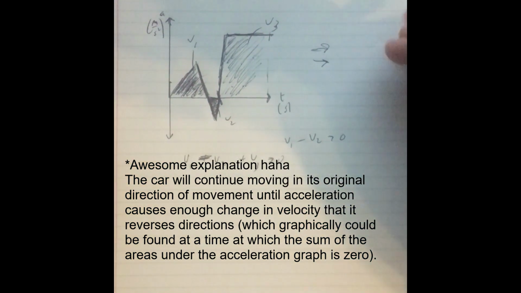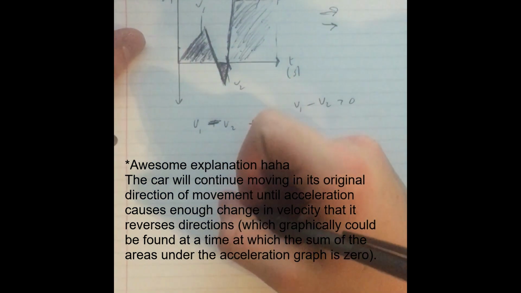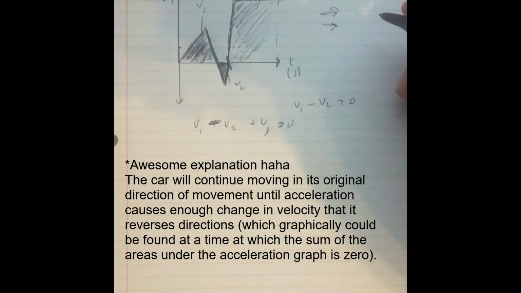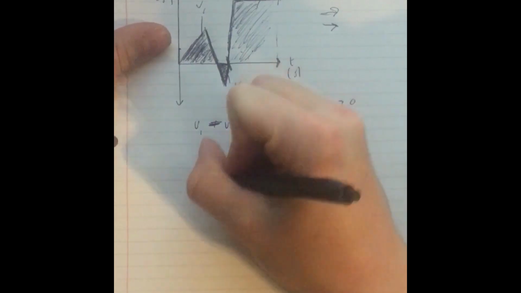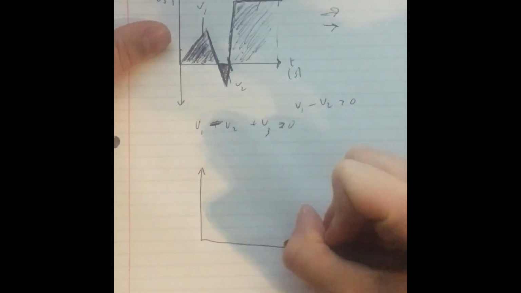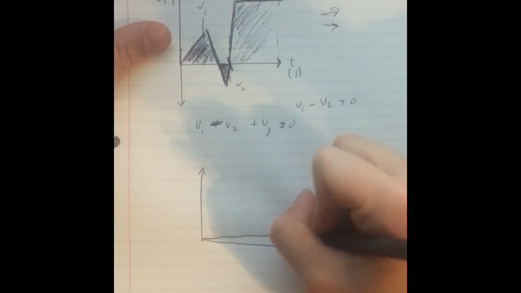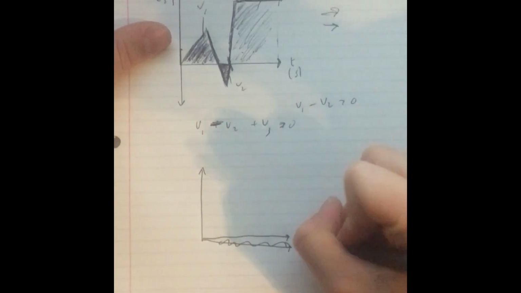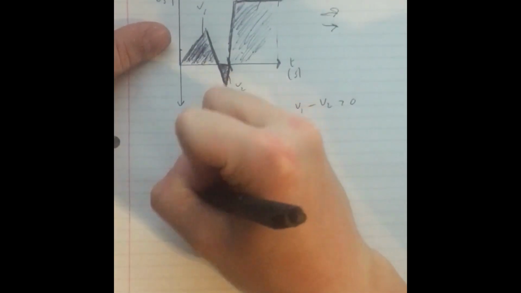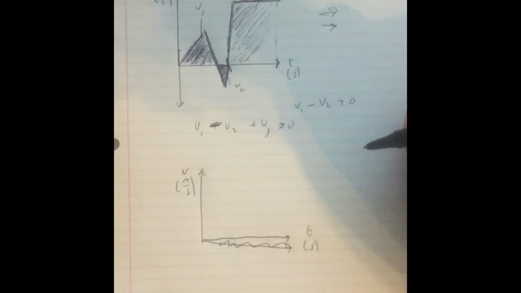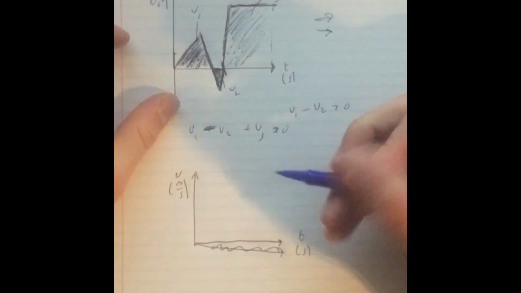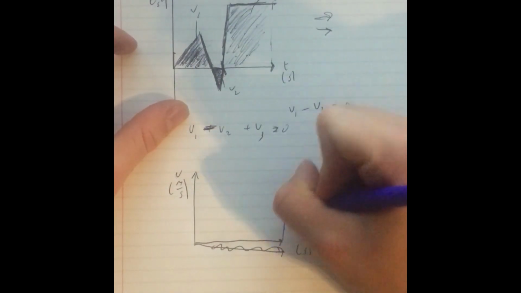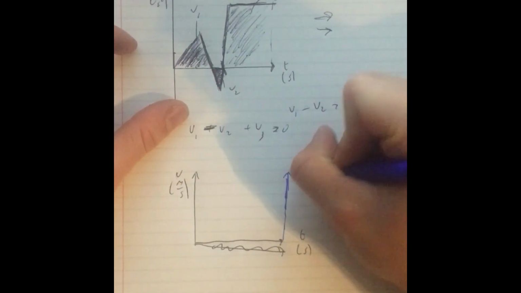So let's say we have a velocity over time graph here. Sorry, that's a bad axis: time in seconds, velocity in meters per second. And then we'll overlay acceleration on this as well. I'll draw it in blue, hopefully you can see.